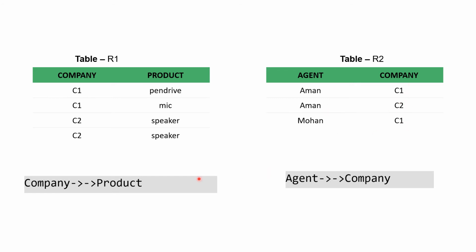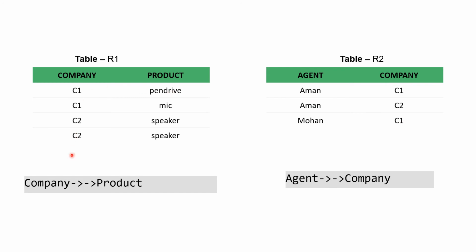Here company multi-determines product, and in this table agent multi-determines company. Yes, because Aman, the agent, is determining C1, and Aman is also determining C2. So it is a multi-determining attribute.